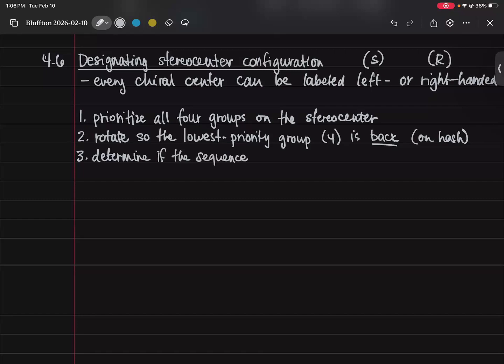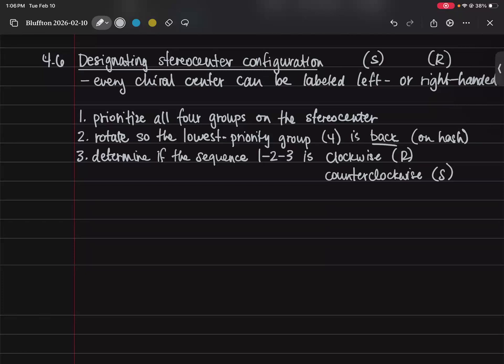And then we look at the other 3 higher priority members, and we see if the sequence 1, 2, 3 is clockwise, which is R, or counterclockwise, S. Again, I think that counterclockwise kind of makes sense. Clockwise is the correct direction, the right direction. Counterclockwise is the wrong, sinister direction, the left direction.